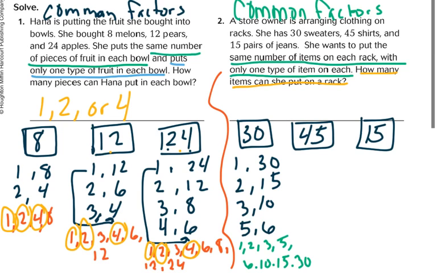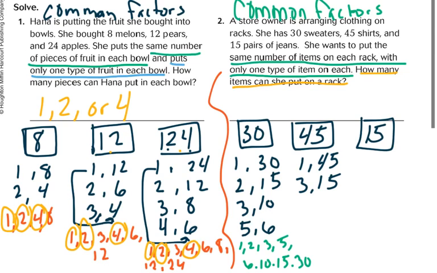Okay, let's go on to 45. I have 1 and 45. 45 is not even, so it's not divisible by 2. It is divisible by 3, though, because if I add my digits, 4 plus 5, that gets me 9, and 9 is divisible by 3. 3 times what gets me to 45? 15.